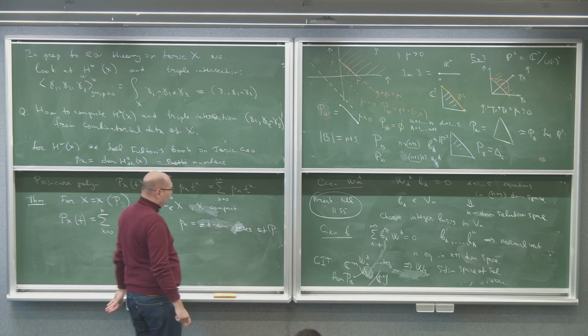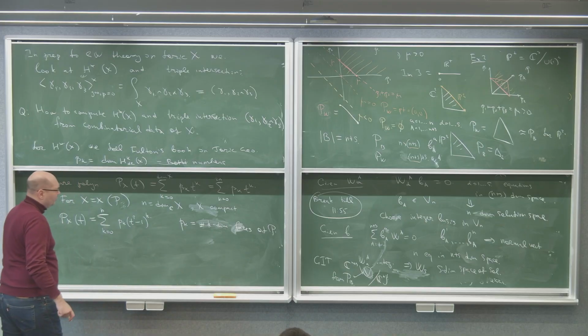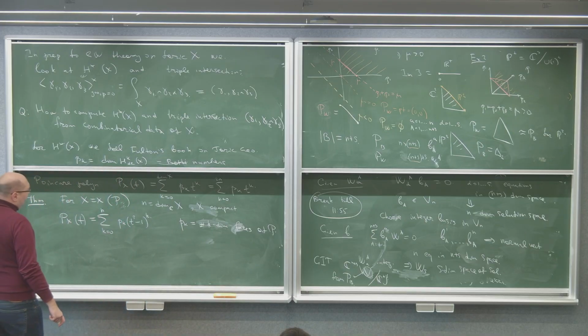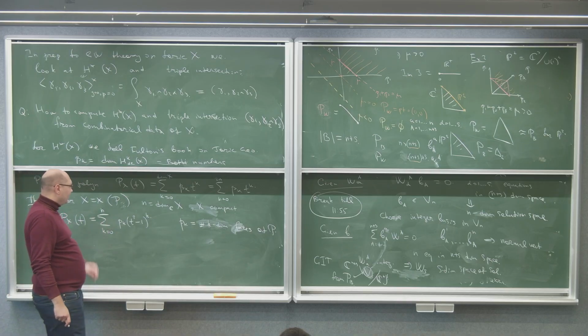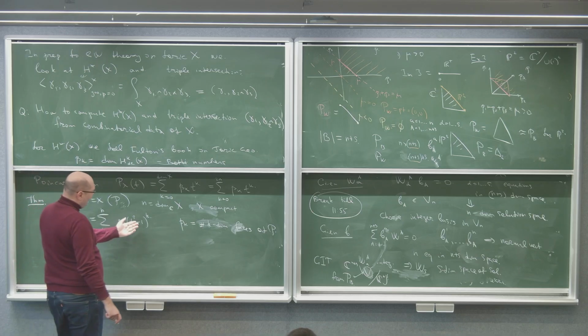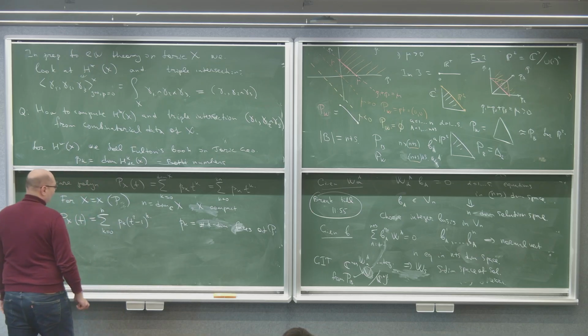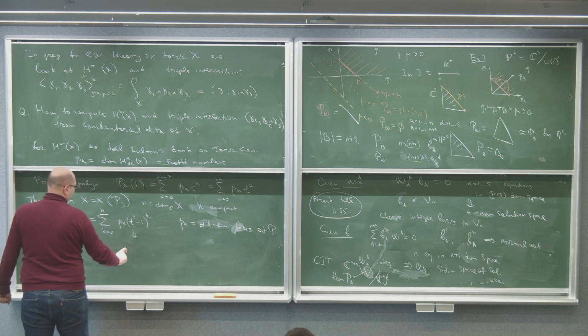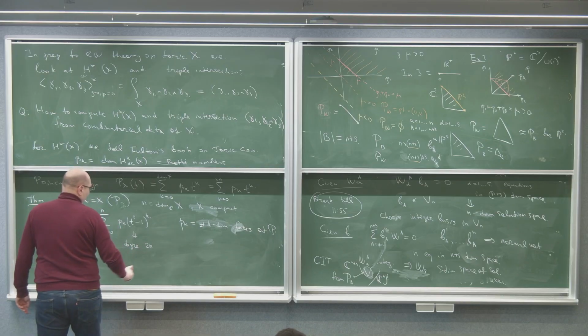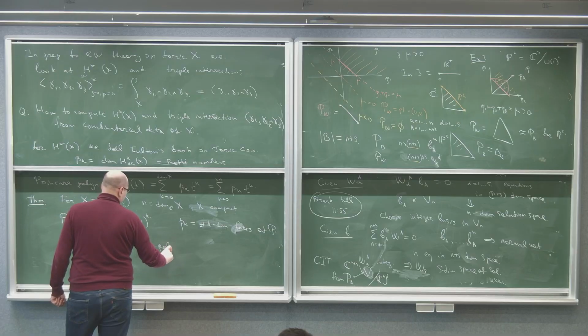For this polytope P, we count the number of k-dimensional faces and get these numbers p_k. Then we substitute these numbers p_k into this formula, and because it is t squared minus 1 to the power k, we will get a degree 2n polynomial.